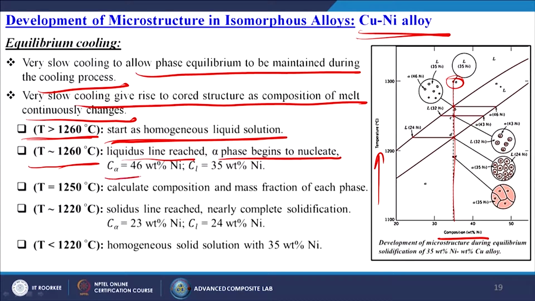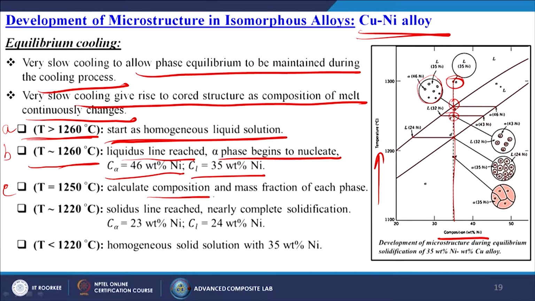So, C alpha is 46 weight percent of nickel and CL is 35 weight percent of nickel itself. So, this is the B point. So, this is A point, this is B point, and then T is equal to 1250 degree centigrade. So, that is the point C.